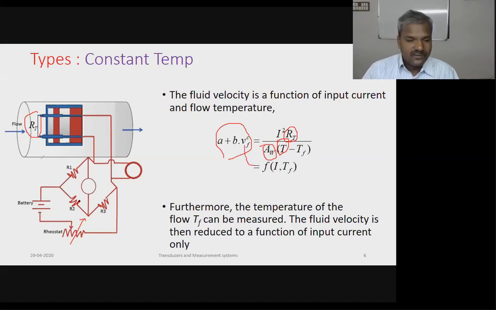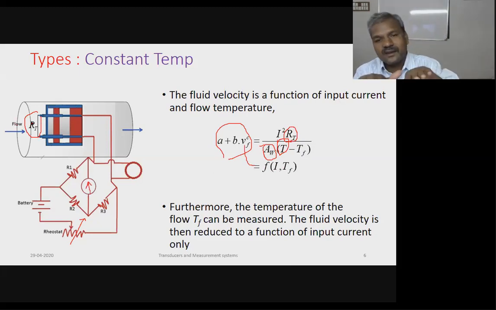At balance condition, the galvanometer reads 0. When the fluid temperature and the temperature of the wire are maintained constant, there is no difference, so galvanometer reading is 0.